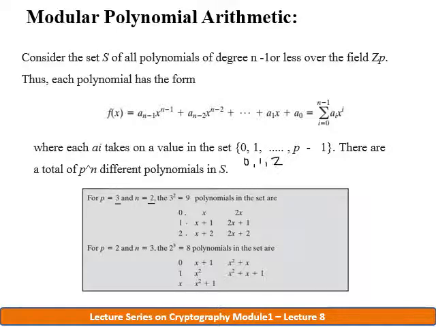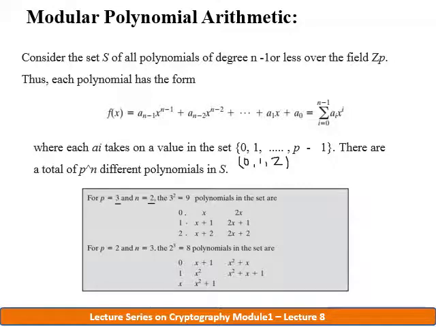These are the set values. The set P ranges from 0 to p minus 1, that is 3 minus 1. So we have 3 elements in this set: 0, 1 and 2.